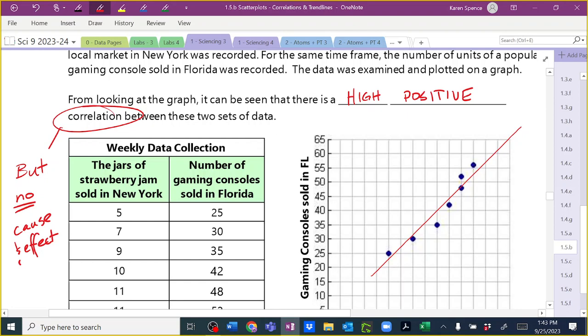Maybe the economy just went up. You know what I mean? It's usually that there's some other factor affecting things and we just don't know what it is based on our graph. The economy got better over those two months. More people got jobs, and so they're spending more money across the country on all things like jam and gaming consoles.